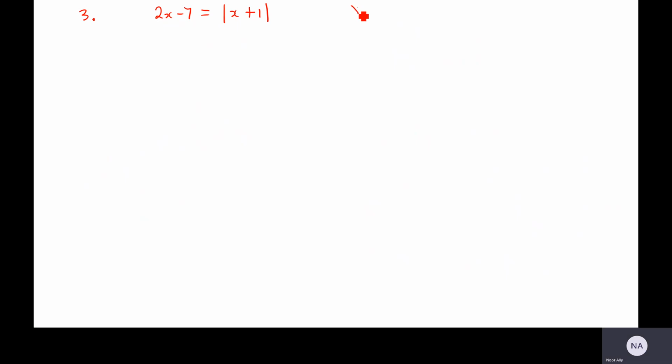Now, when you have the variable on both sides of the equation, then you will divide this into 2 cases.